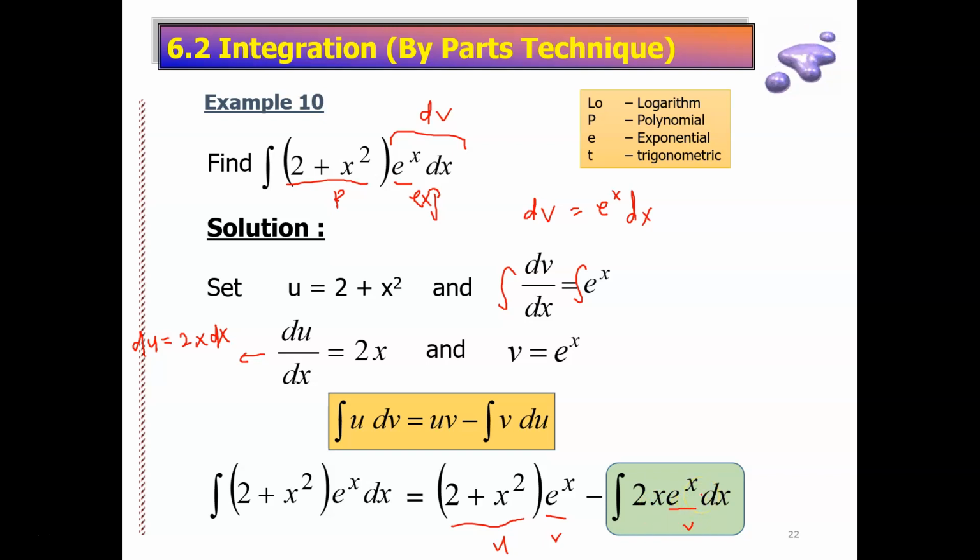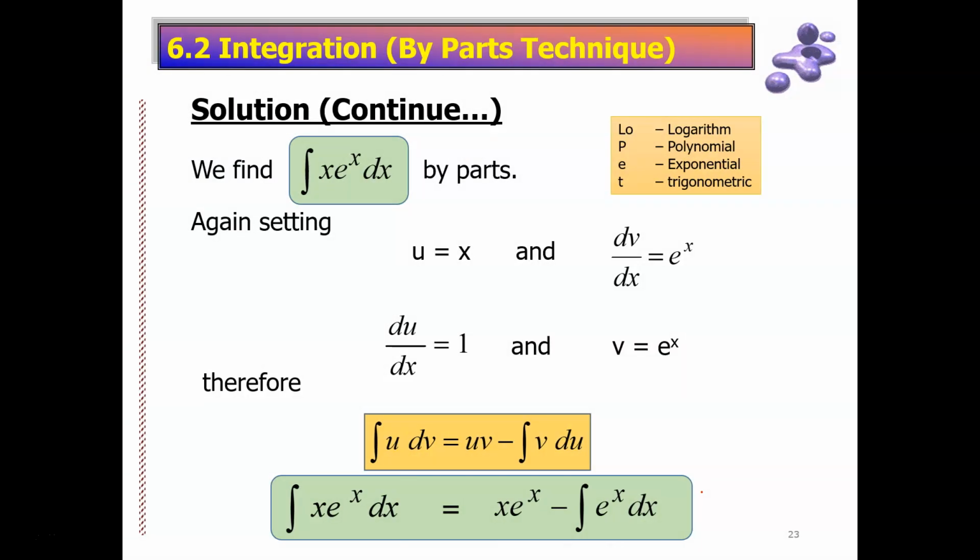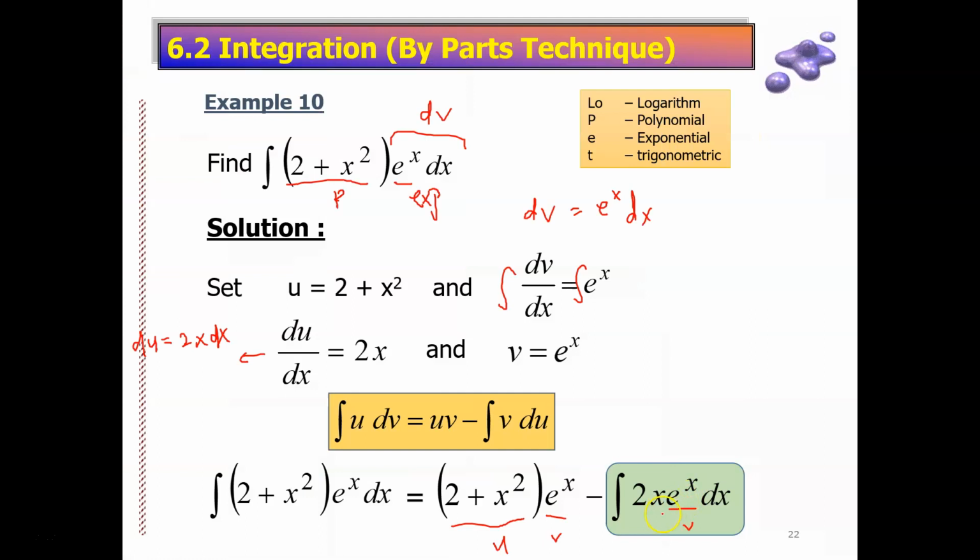So what we do here is, again, we're going to do integration by part, because we have two terms over here. So again, I'm going to mark this example 10 as a special one because we do 2 times integration by part.